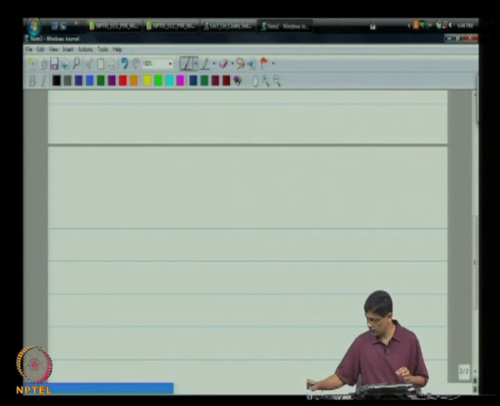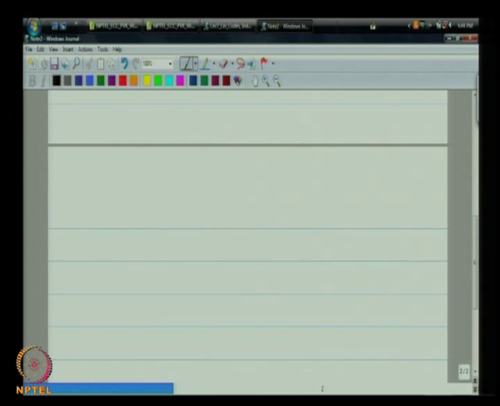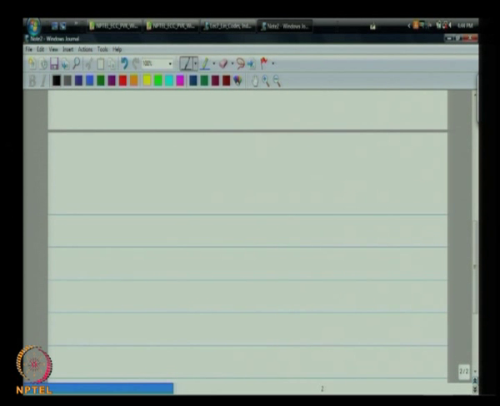All right. So there is another definition.